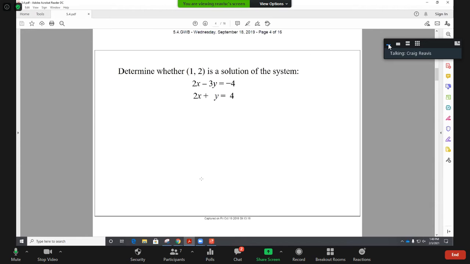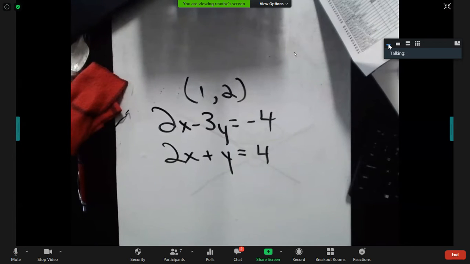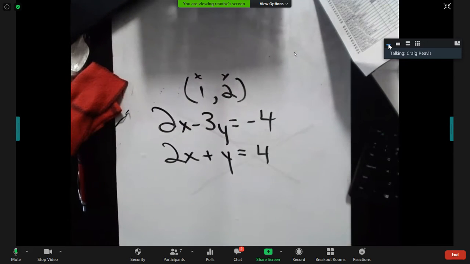They want to know, is the point (1, 2) a solution to this system? Well, for it to be a solution to the system, that point (1, 2) has to be on both of those lines, which means if I substitute in, remember this is an X, this is a Y, all right? If I substitute into each equation for the X and the Y and it checks out for both equations, then that's a solution.